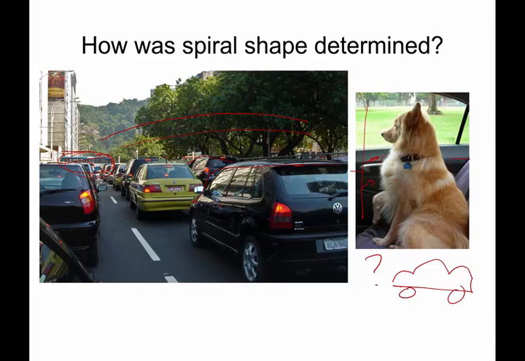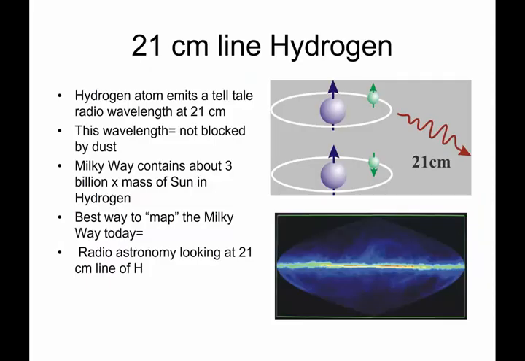I can't be in an SUV because it's not shaped that way on the inside. And slowly, by process of observing and elimination, you start figuring out that your vehicle must be similar to maybe this one. That's how we will operate in determining the shape of the spiral arms in our galaxy.